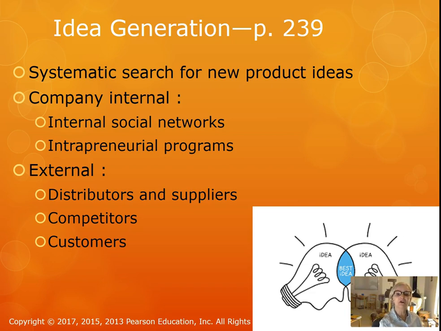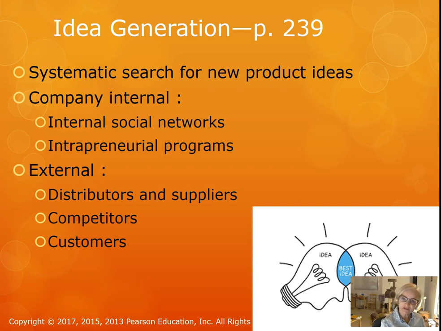So let's talk about the idea generation. You have done this in project part 1, and you have used an intrapreneurial approach to all this. It means that you basically have within your company thought about what could be a new product, what could you do.